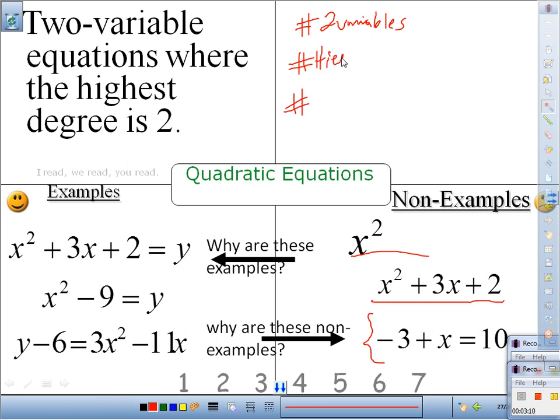Highest degree 2. One last one, Maria. Equations. That is correct. I'll add one more. Hashtag bam, because we've arrived to quadratic equations.